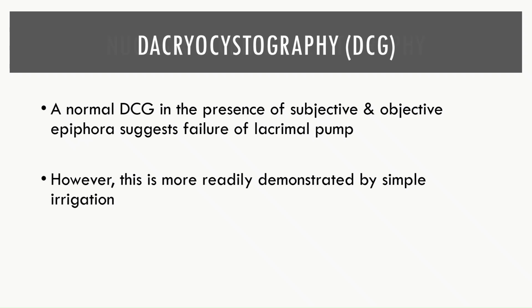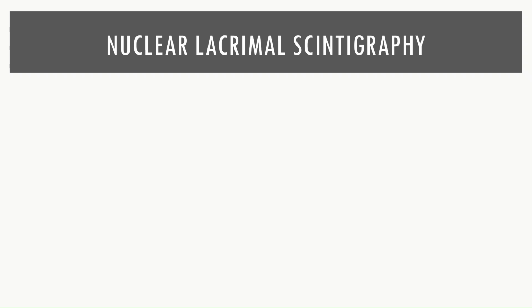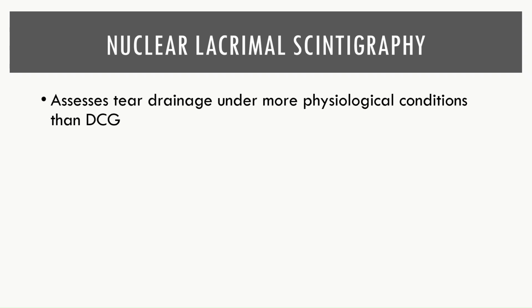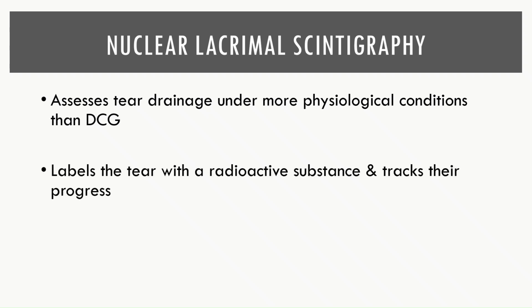Nuclear lacrimal scintigraphy. It assesses tear drainage under more physiological conditions than dacryocystography. It labels the tears with a radioactive substance and tracks their progress. It gives less anatomical detail as compared to dacryocystography.